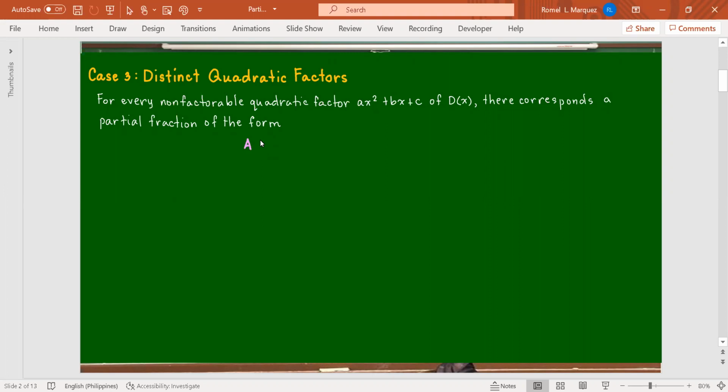A times the derivative of ax squared plus bx plus c. So that is 2ax plus b, and then plus B, all over ax squared plus bx plus c.